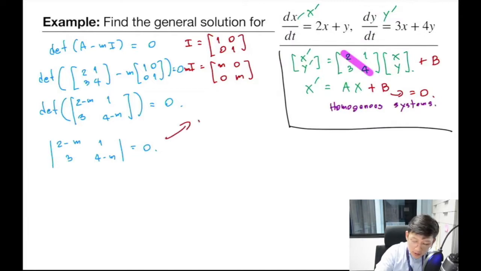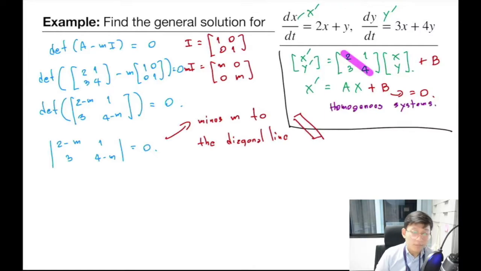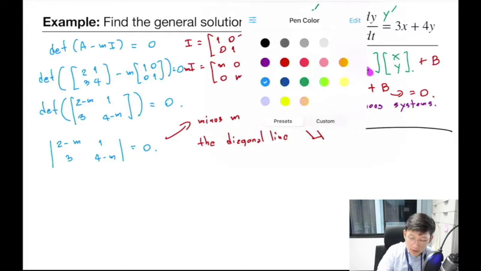Just take A, which is [2 1; 3 4], and then you minus M from the diagonal line. Good.